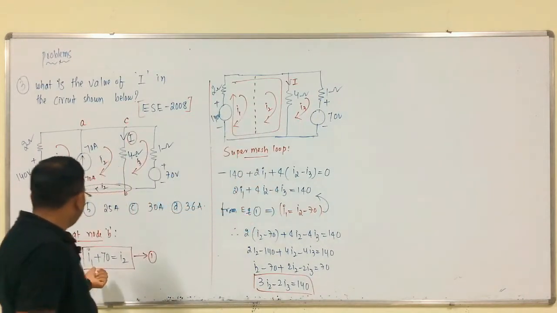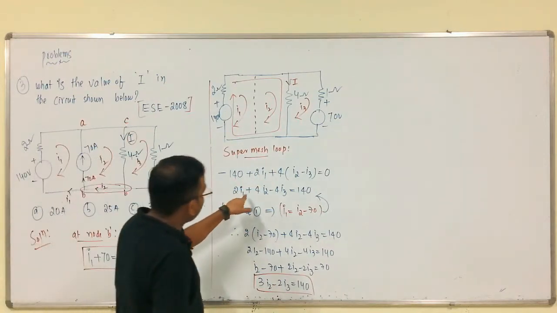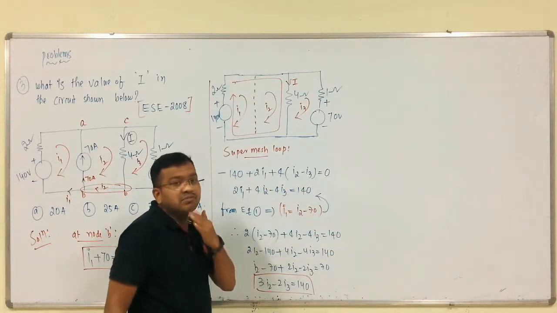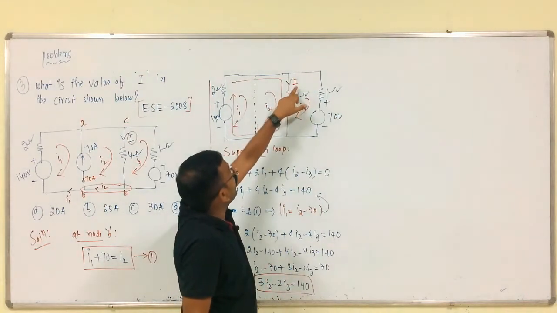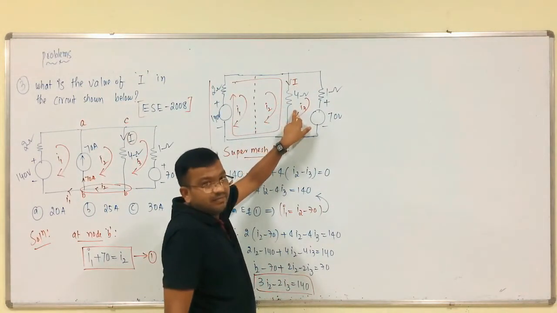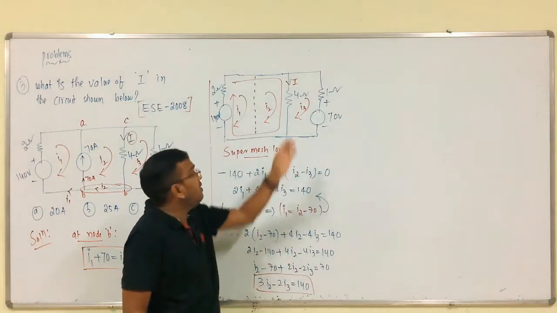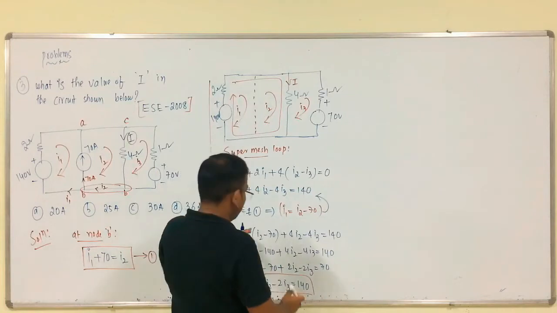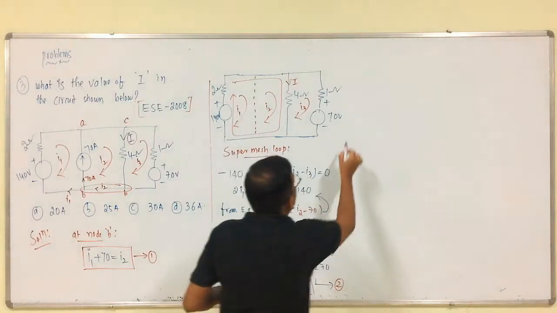Then we substitute from equation 1, I1 equals I2 minus 70, in place of I1. So, we get the equation in terms of I2 and I3. Why? From the circuit, I equals I2 minus I3. That is why after getting I2 and I3 we are going to get the value of I. This is equation 2.